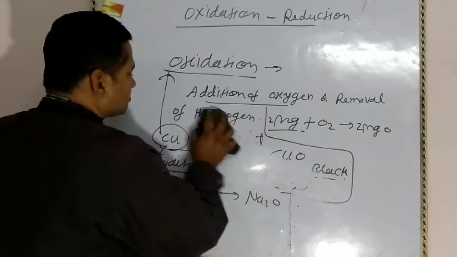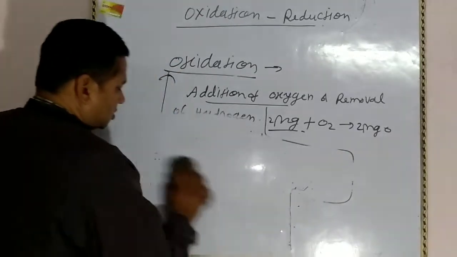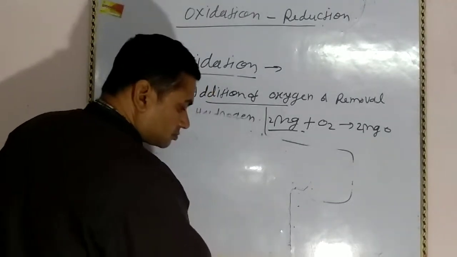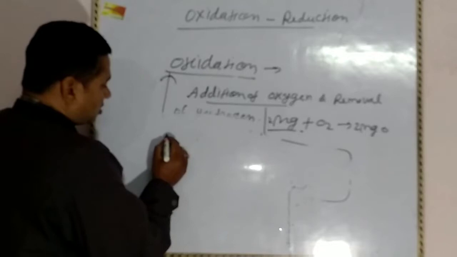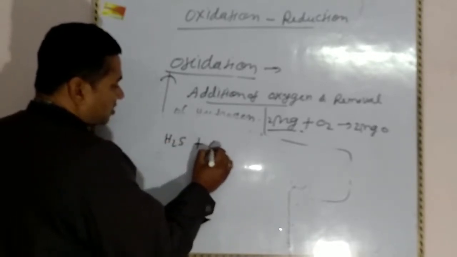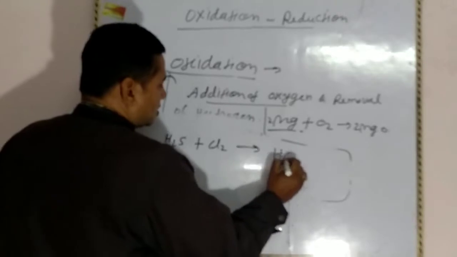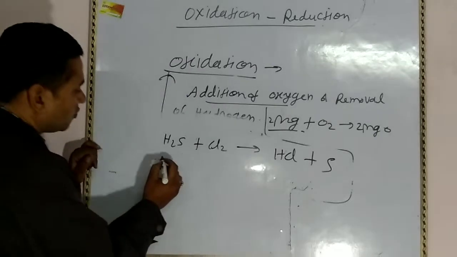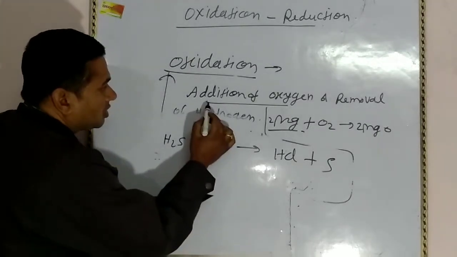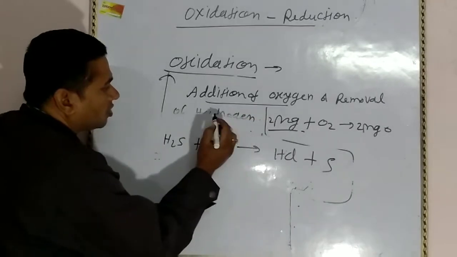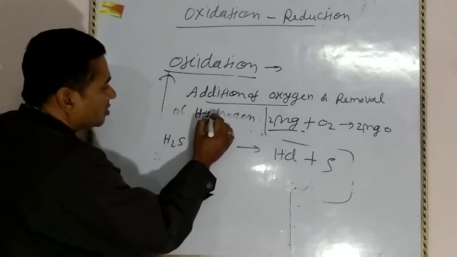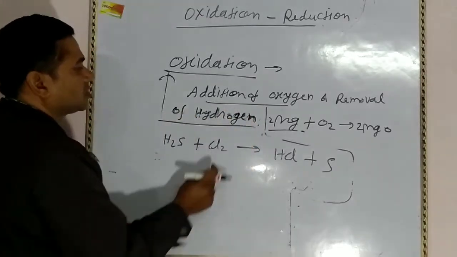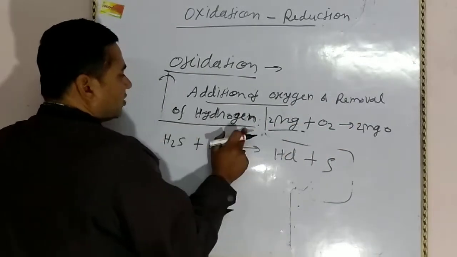Now we take some more examples like this. Here you can see H2S plus Cl2 forms HCl and S. Here you are seeing removal of hydrogen. This is the definition: addition of oxygen or removal of hydrogen.